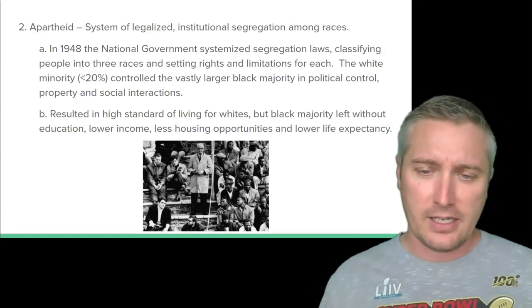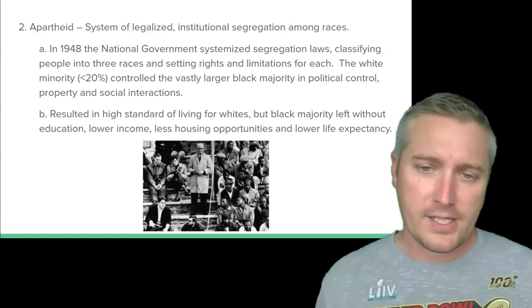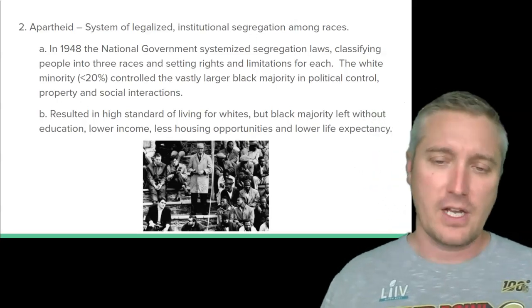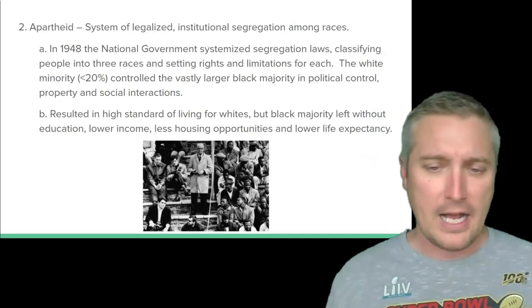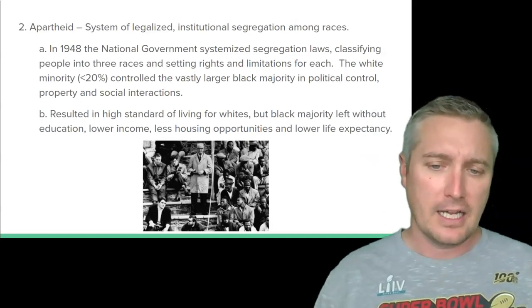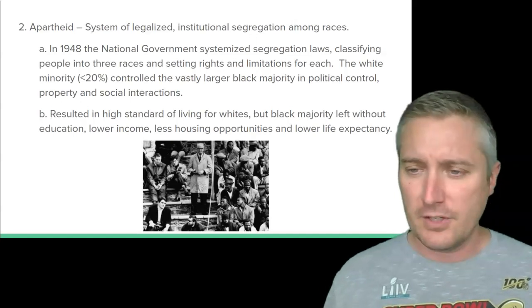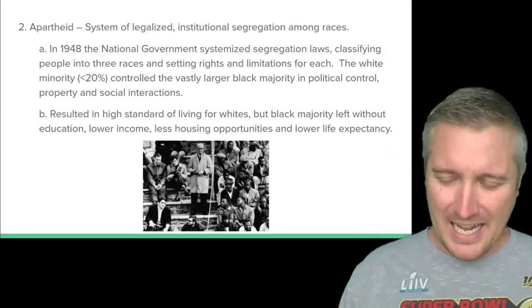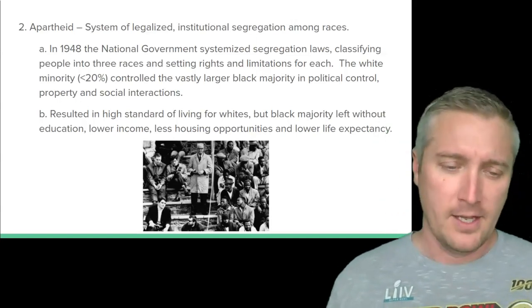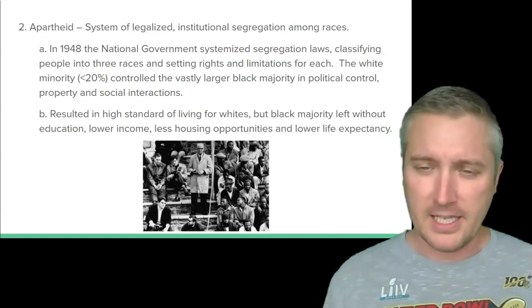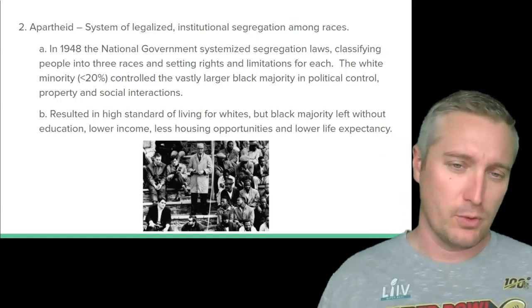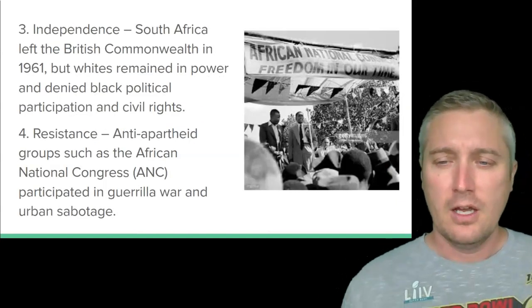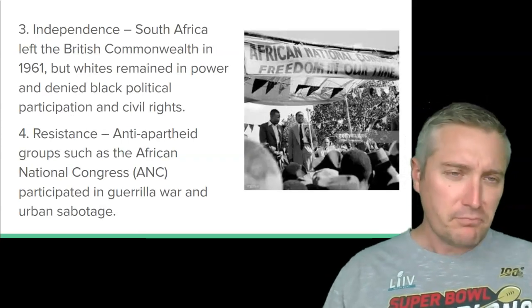What you had is a situation where the whites had all the best jobs, had all the money, and the vast majority of South Africans had poor housing, had less education, and just overall such a negative experience that their life expectancy was actually much lower. It does have a very real effect on people's lives, and again, even the overall life expectancy was diminished for those in this lower class, even though they're the vast majority in South Africa.